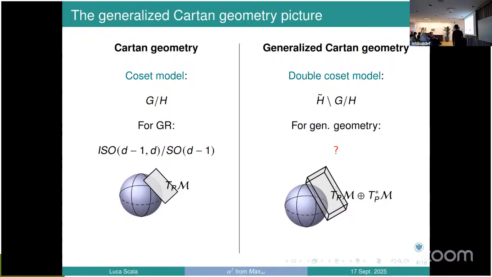So the idea is that instead of a single coset, now you have a group G, and you have to mod out on the right and on the left by two subgroups of this G. But this does not explain to us which are these G and H we have to consider in our case. So now I will try to motivate what this question mark is for us.